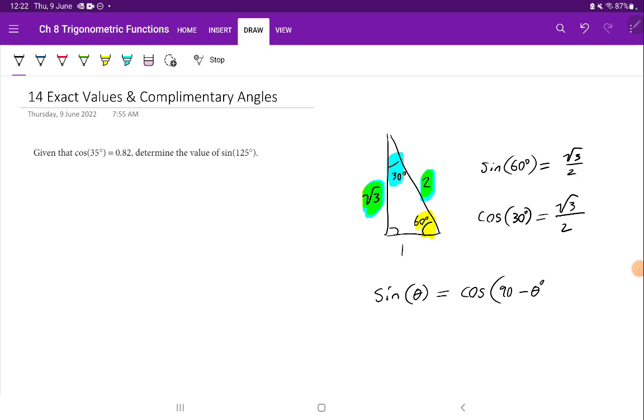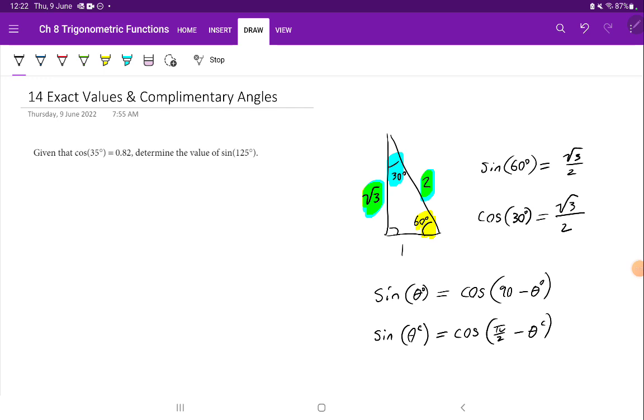Remember, this is in degrees. In radians, it works exactly the same, except 90 in radians is pi on 2. But just so we're aware.